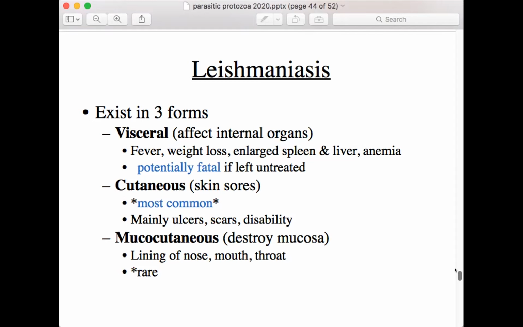I do want you to be able to have some intelligent discussion about these parasitic organisms that we're discussing. We don't expect you to be experts when you're finished with this class. If you hear someone talking about Leishmania or Trypanosomiasis, certain diseases should come to mind.